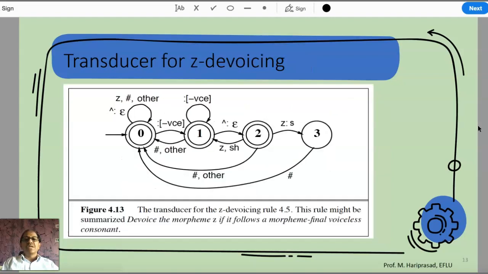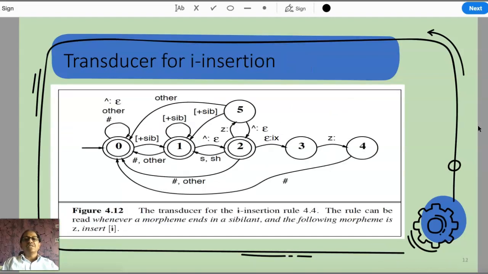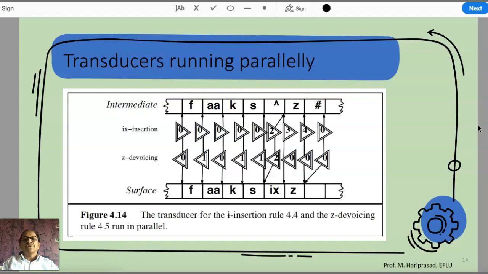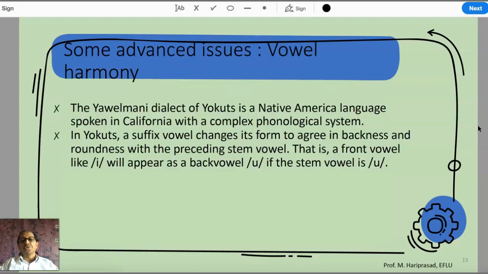Okay. So we have seen simple rules like devoicing or e-insertion, etc. But you also have some other issues which are a bit complex. So we will consider one such advanced issue called vowel harmony.